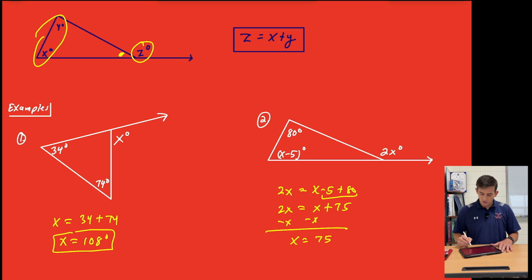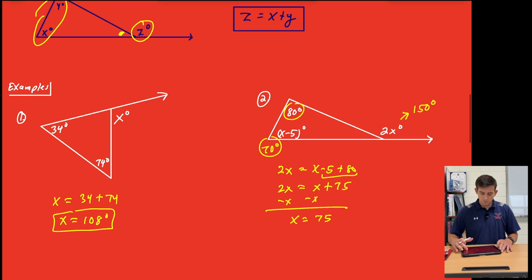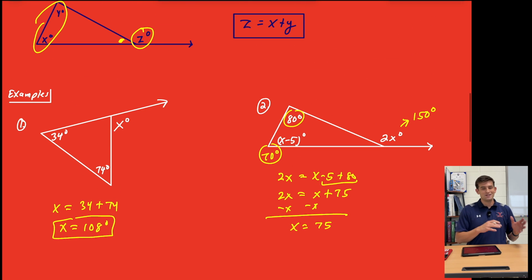Then we could figure out the measures of those angles. 75 minus 5 gives a 70-degree angle. So 80 plus 70 should be 150, which also works if we plug in 75 for x, because 2 times 75 is 150. So that's a little bit about interior and exterior angles of triangles.